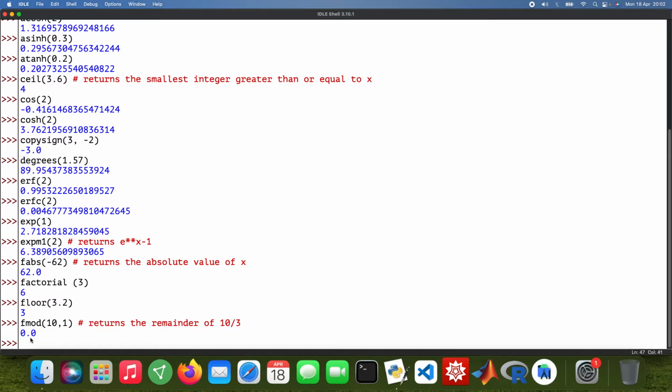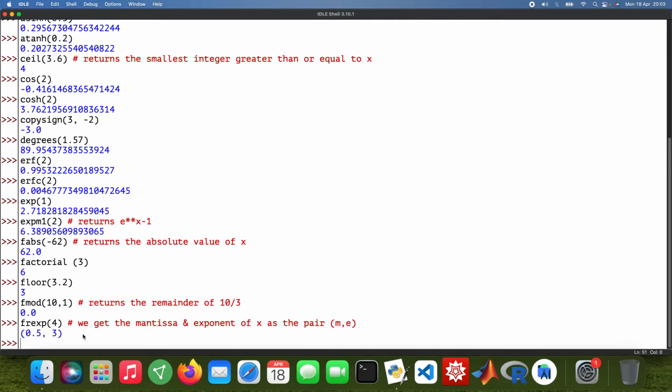And then the other function, frexp. What this does is we get the mantissa and exponent of x as the pair (m, e).